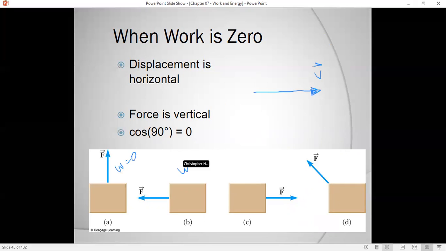For the second case, it's going to be negative because notice the force is pushing in the opposite direction from where I'm traveling. Case C, the work is going to be positive because I'm pushing in the same direction it's traveling. And in case D, the work is going to be negative because there is a component in that negative x direction, right? But it's not going to be quite as negative as it was for this case right here.